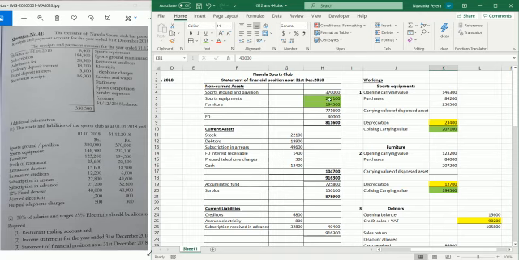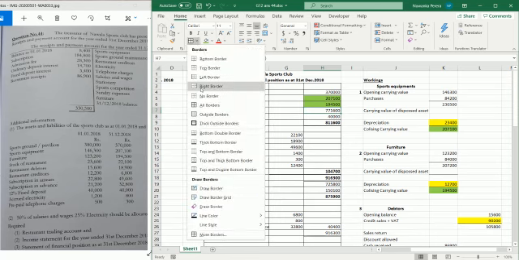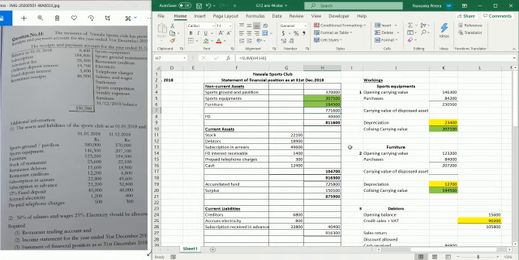You all have to get the total of other non-current assets first, and thereafter you can record your fixed deposit or the investment. Here I have recorded 40,000.